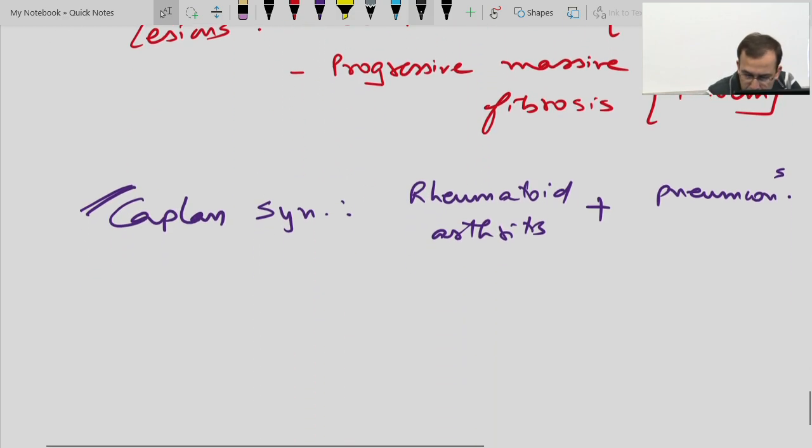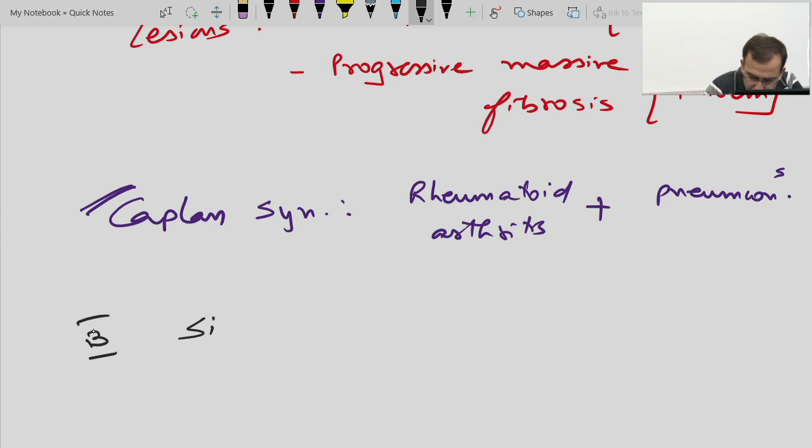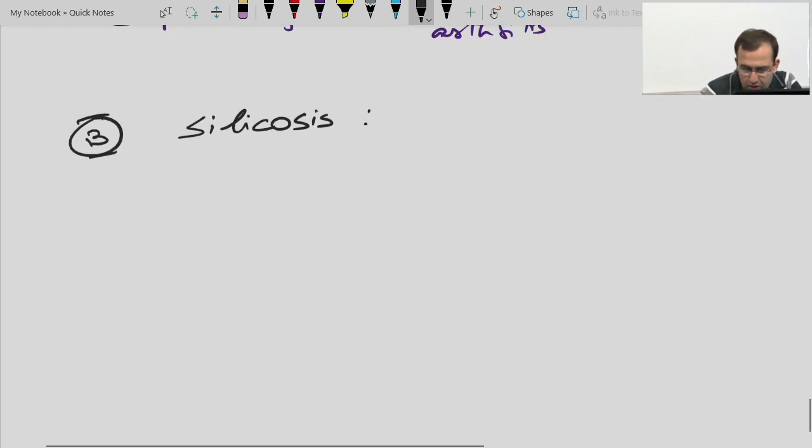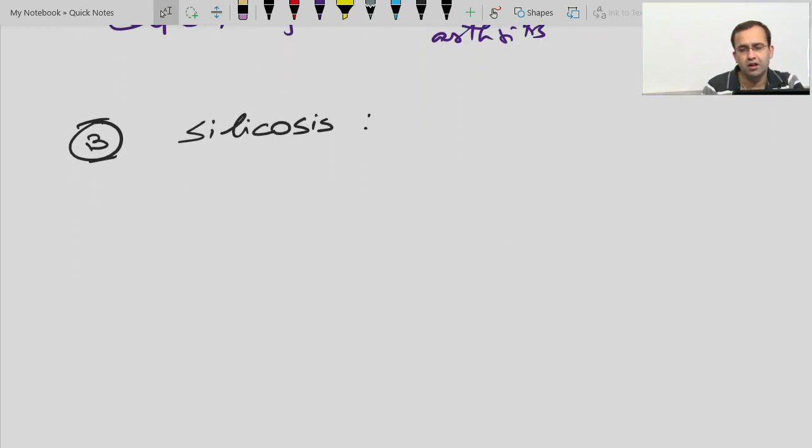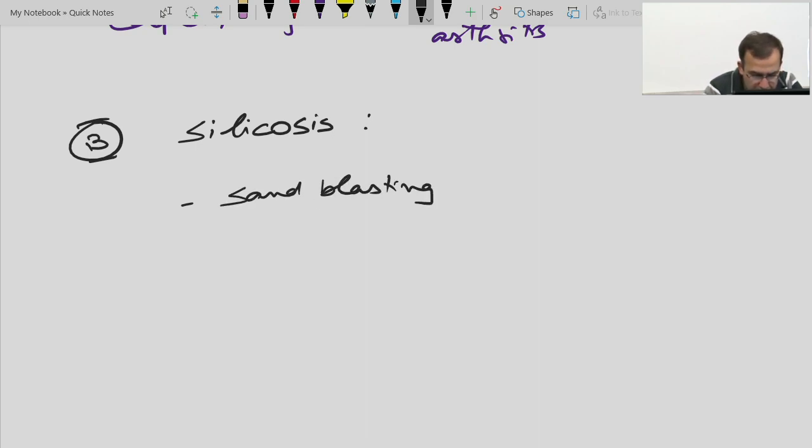This gets us to the next pneumoconiosis, that is silicosis. Silicosis is associated with sandblasting or stone cutting.